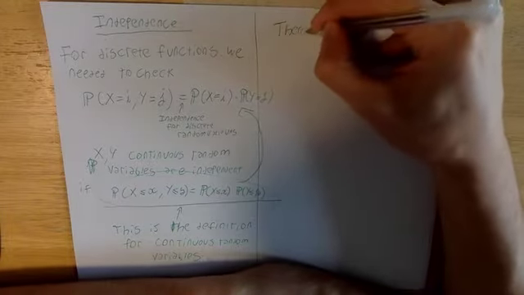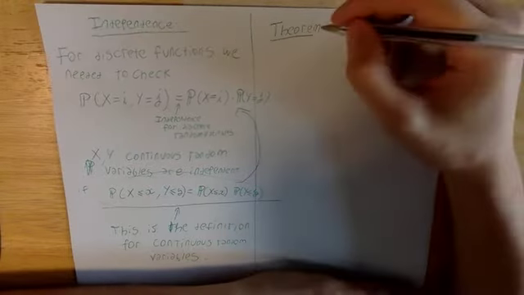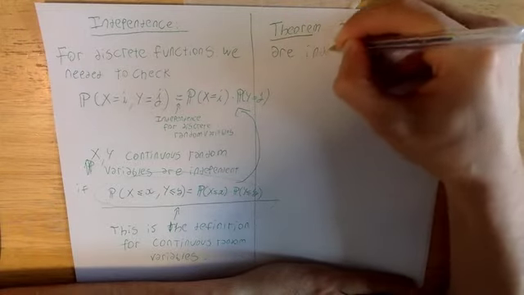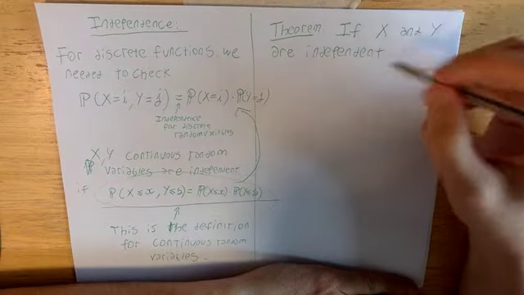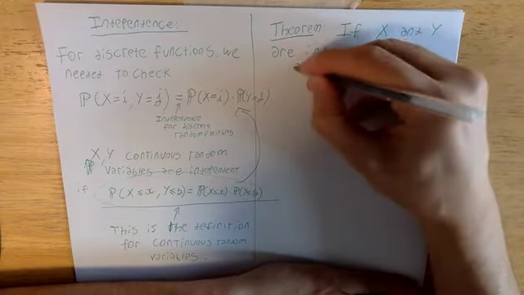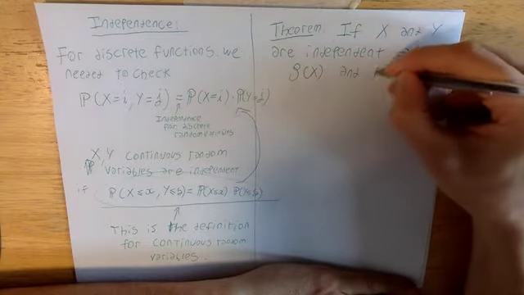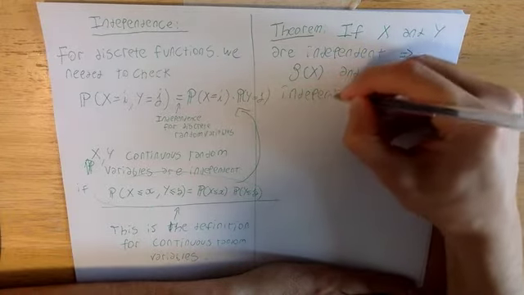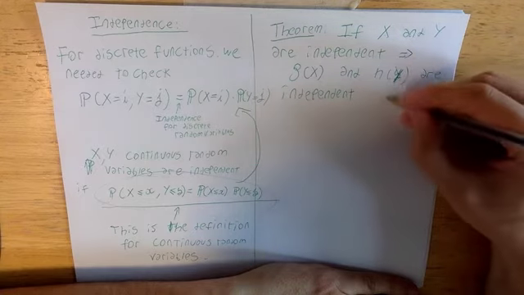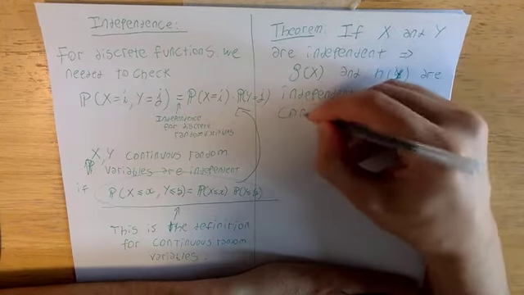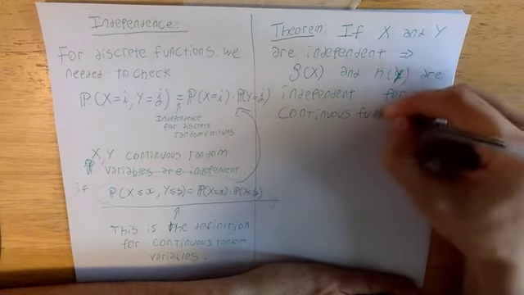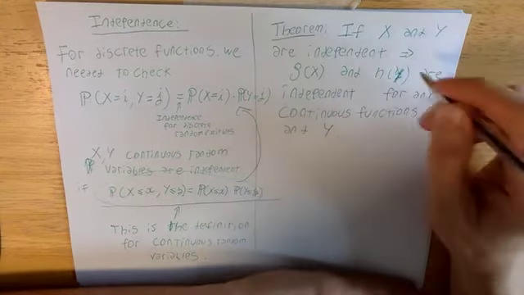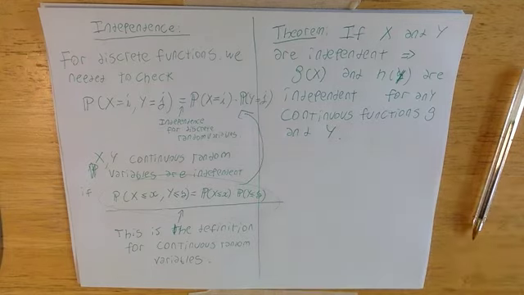Theorem: if X and Y are independent, then g of X and h of Y are independent for any continuous functions g and h. Okay, so I proved this theorem before.